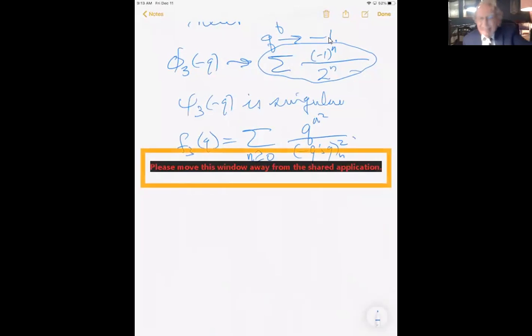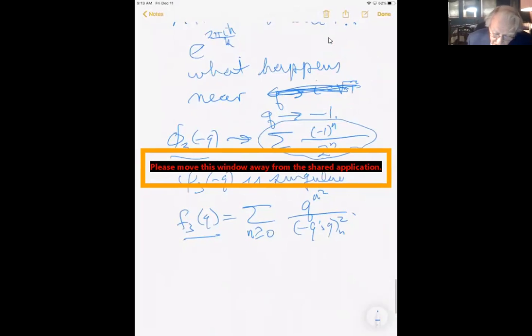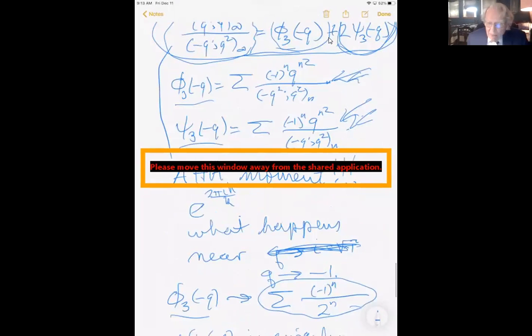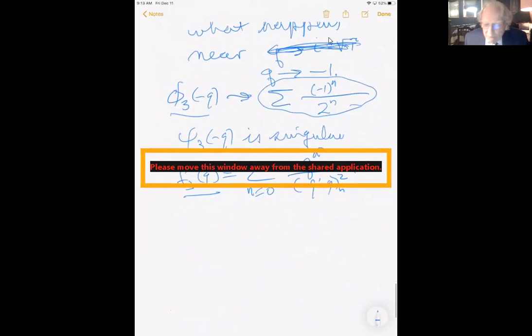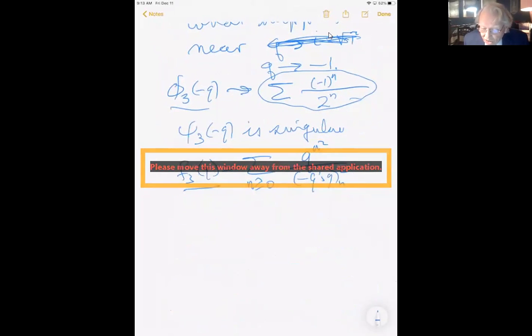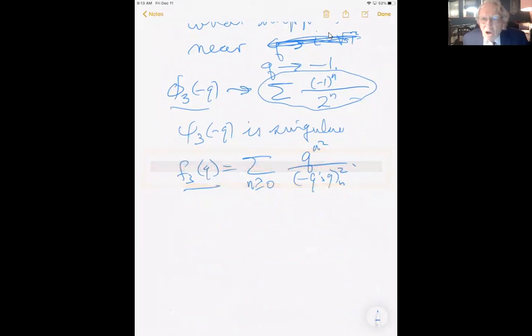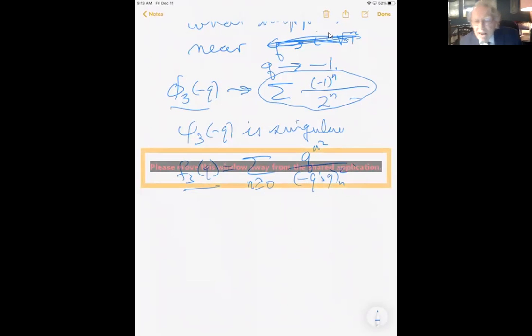You can go through exactly the same operation. You will relate f3 to phi 3 and psi 3, and now you will be able to pick out the behavior of these functions at any root of unity, and you will always have this quality that half the time they behave like modular forms, and half the time they tend to constant values as you approach the unit circle.